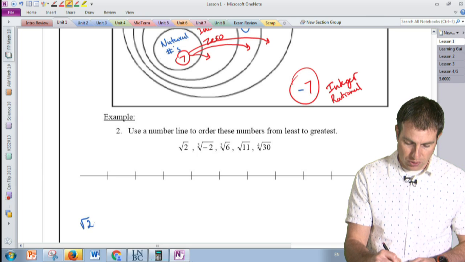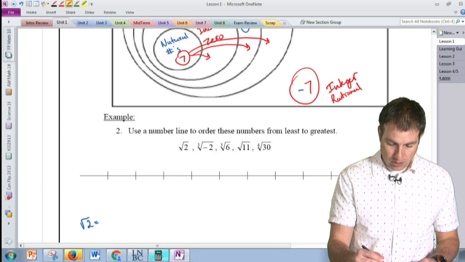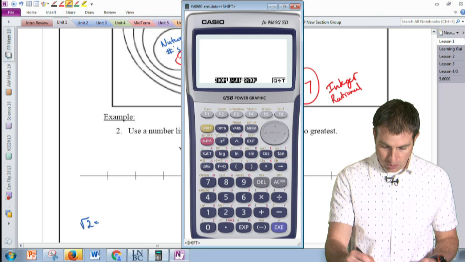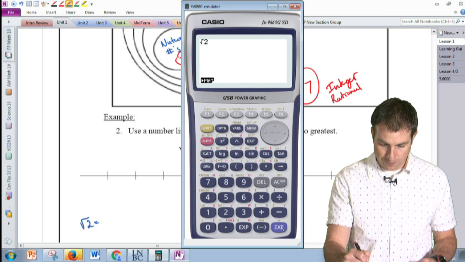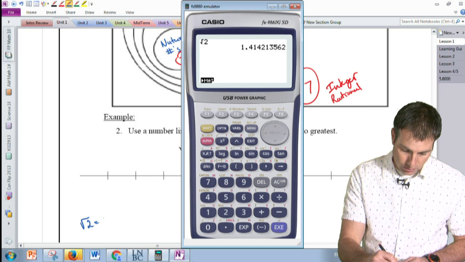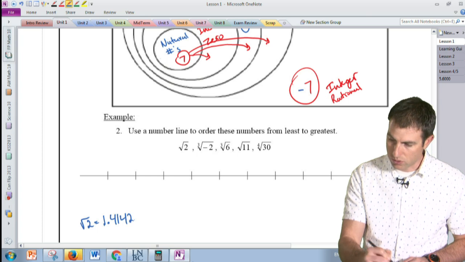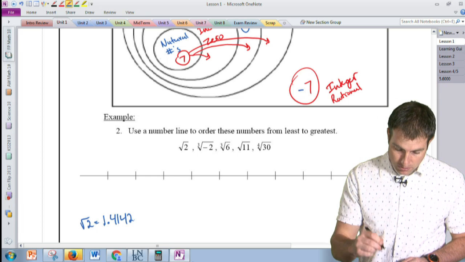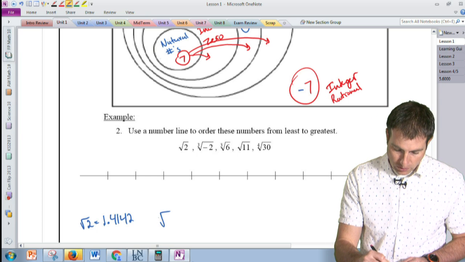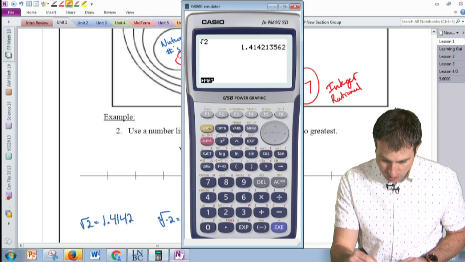I'll take the square root of 2. I'll bring up my calculator here. I'm going to go square root of 2. That's 1.4142. All right, the cube root of negative 2. I have a cube root button. I'm going to use that right now.